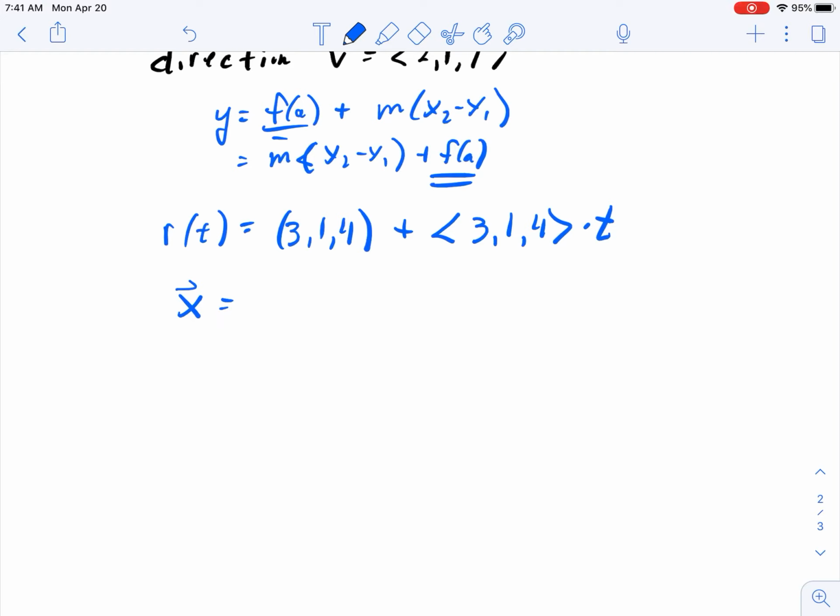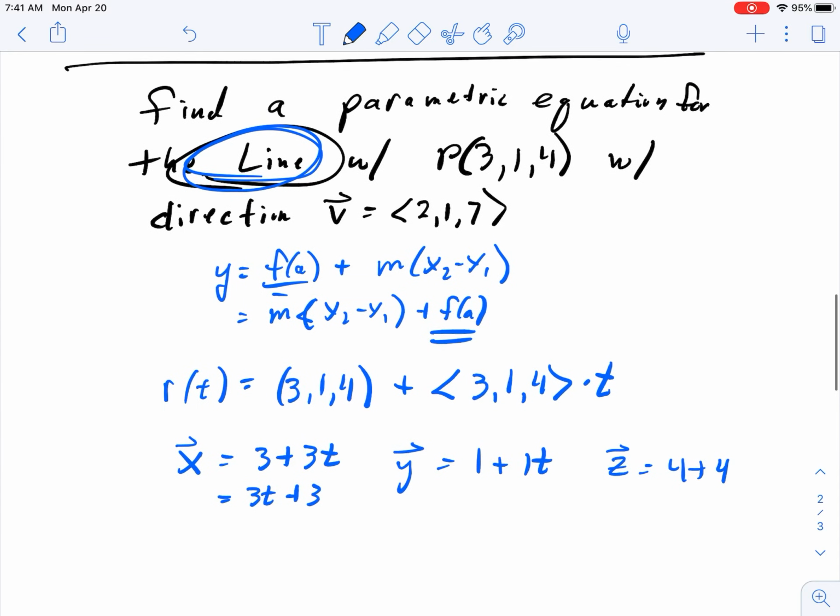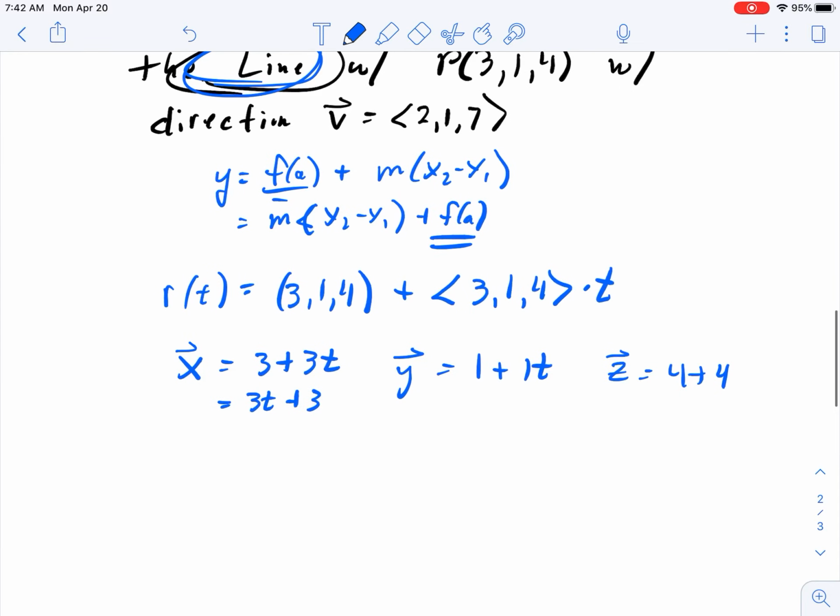So your x component would be 3 plus 3t, or again, you can write it 3t plus 3. Your y component, 1 plus 1t, and z component, 4 plus 4t. Excuse me, did I use the same? Oh, my bad.